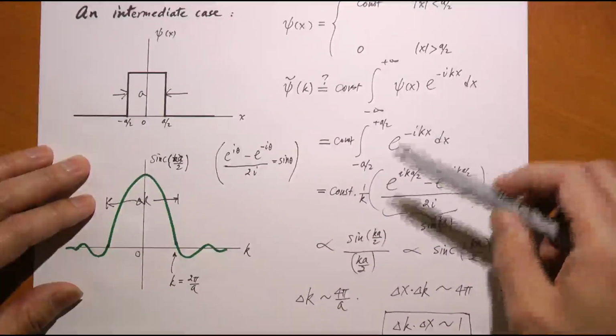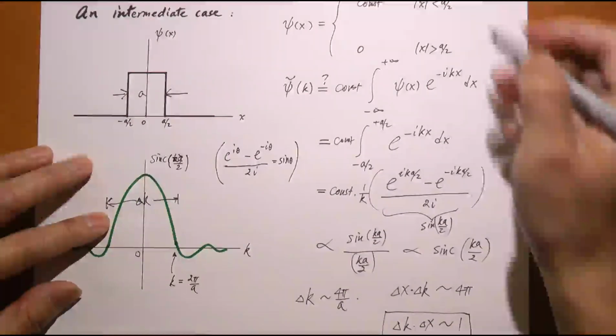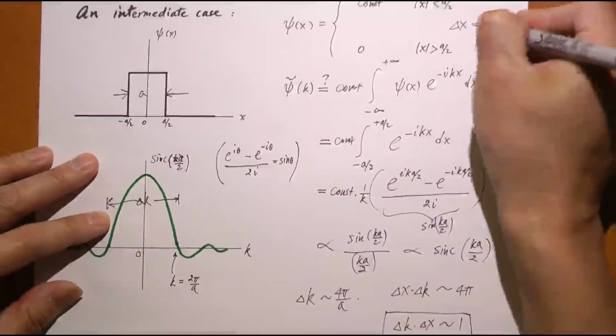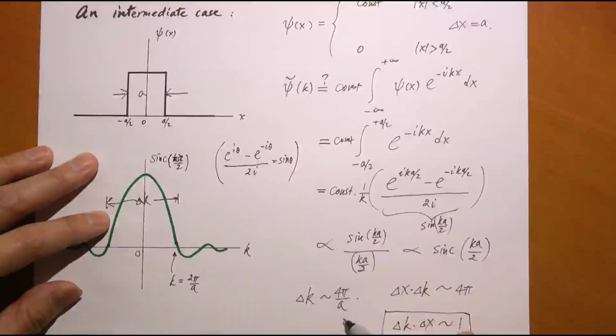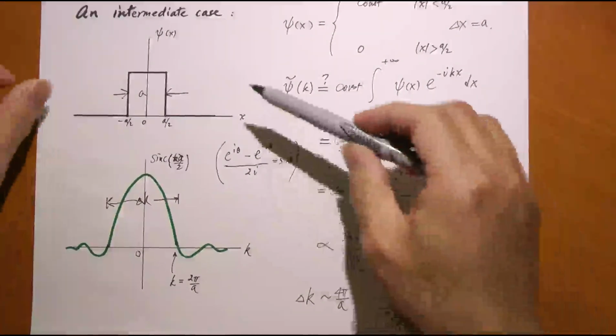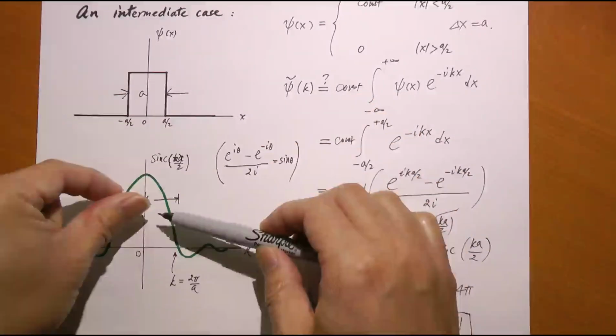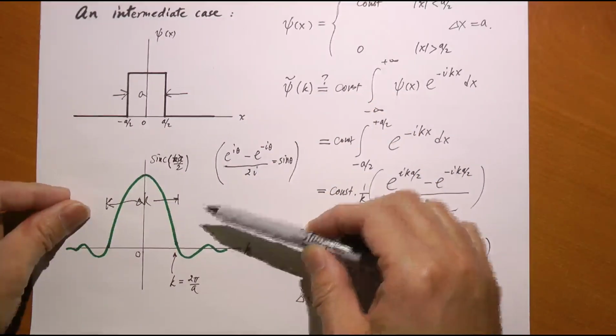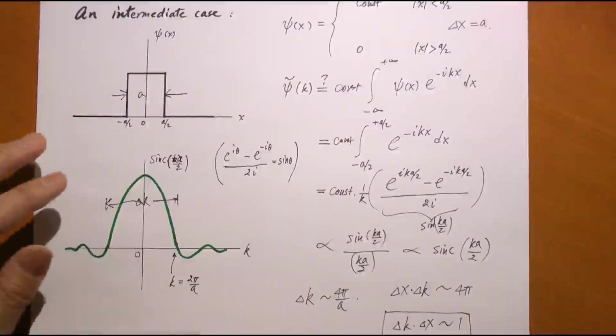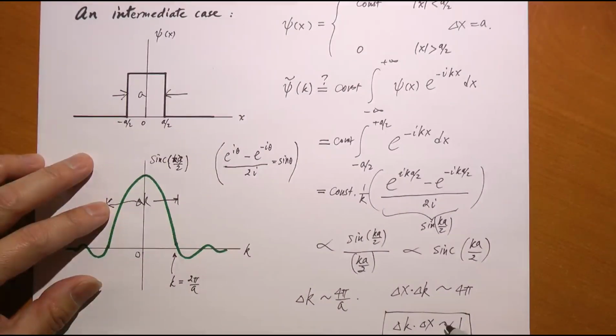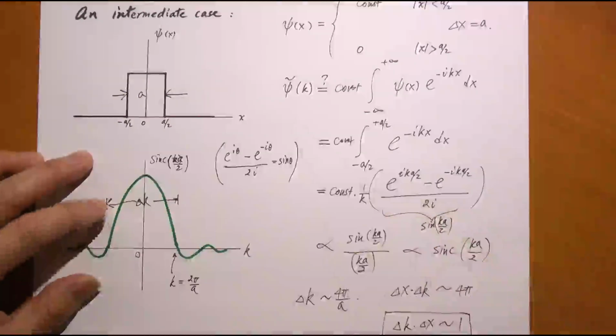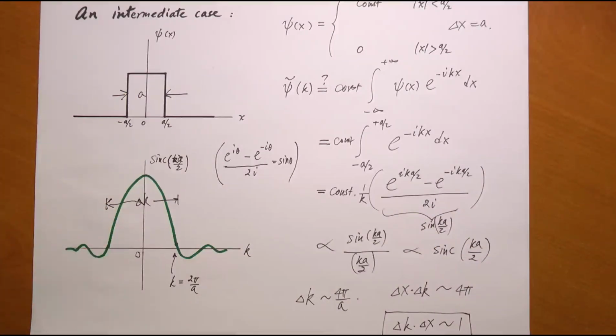You see here, delta x goes like A, and delta k goes like 1 over A, right? So a more concentrated wave in X space leads to a more delocalized wave in K space, and vice versa. So this is why if you multiply delta k and delta x, you actually get a number that is not dependent on A itself. That is our first example of an intermediate case.